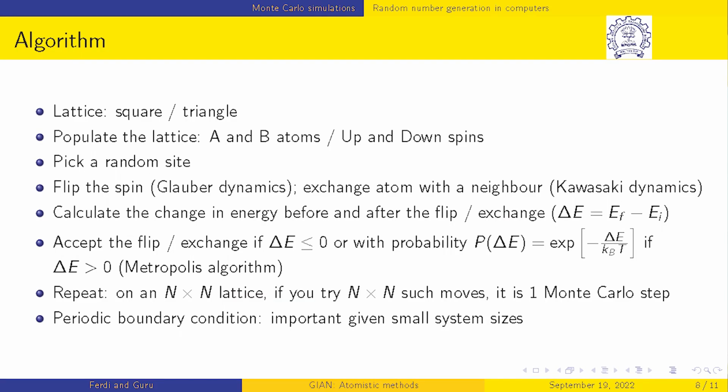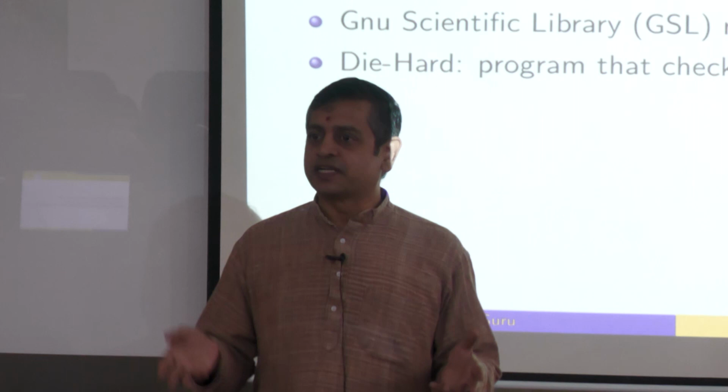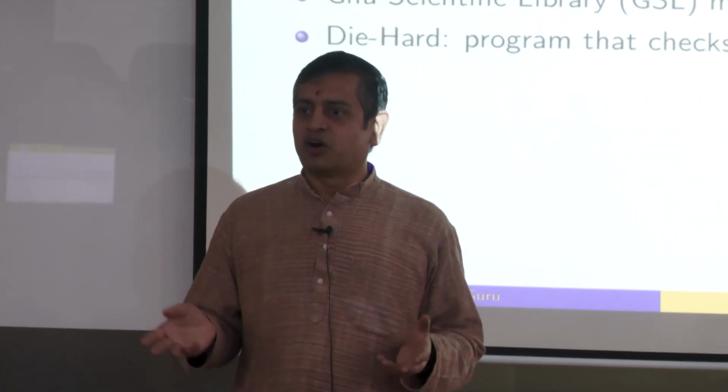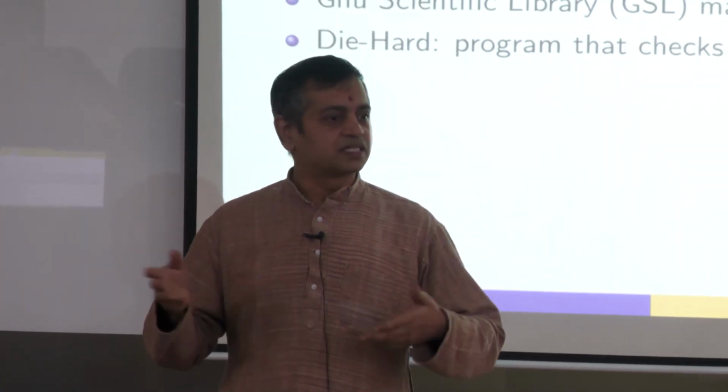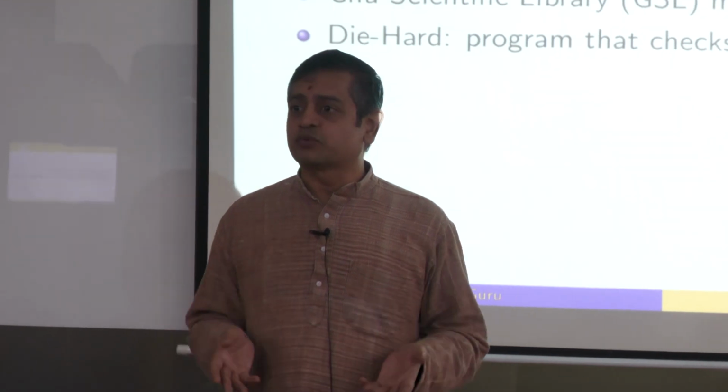Random numbers generated in the computer are pseudo random. If you really want to generate random numbers, you should look up processes like ejection from some radioactive decay material or something like that, or go to a hospital and find out children born, male, female, etc. So, these are truly random processes.